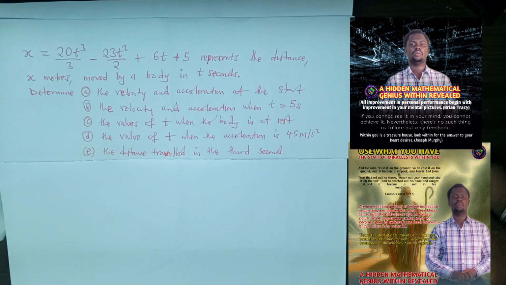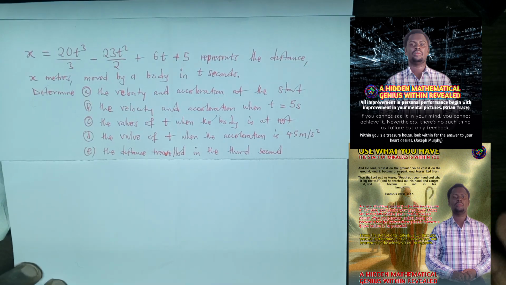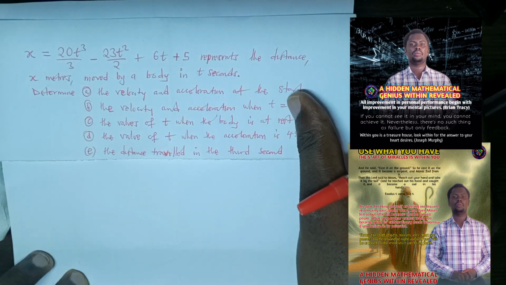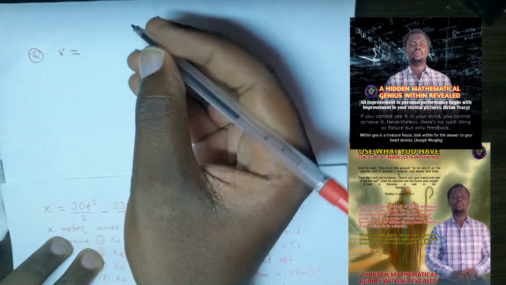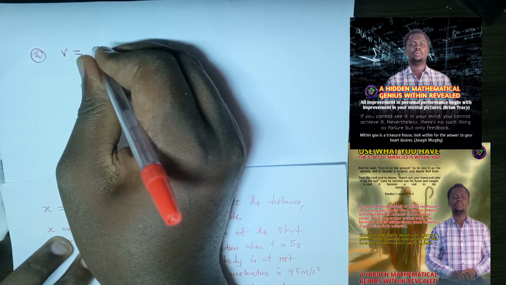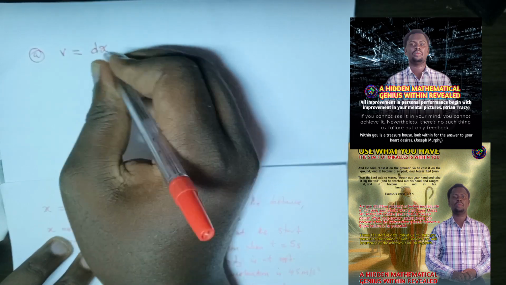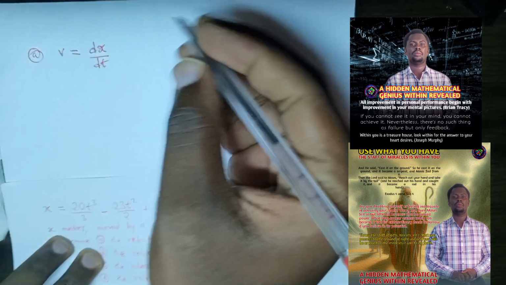And in terms of calculus, it means the differentiation of x in terms of t, differentiation of distance with respect to time. So we have velocity is equal to the derivative of x with respect to time.